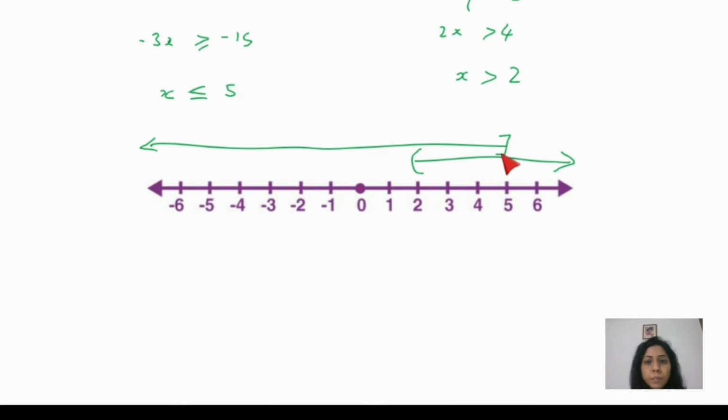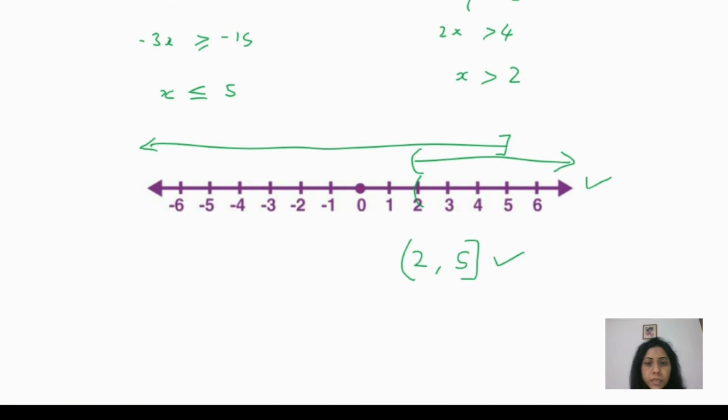So what is overlapping here? Overlapping is 2 to 5. Okay. So 2 and 5, 5 is included but 2 is not included. So the interval notation of this compound inequality is this. Okay, this is the answer, and this is on the graph, the number line.